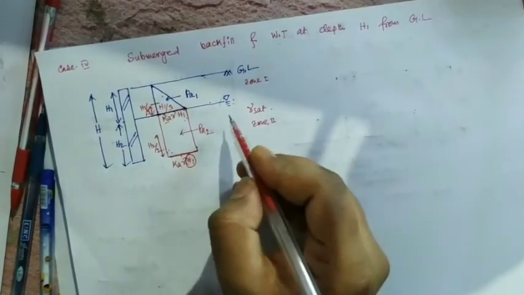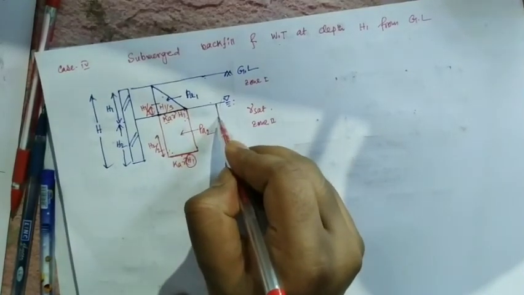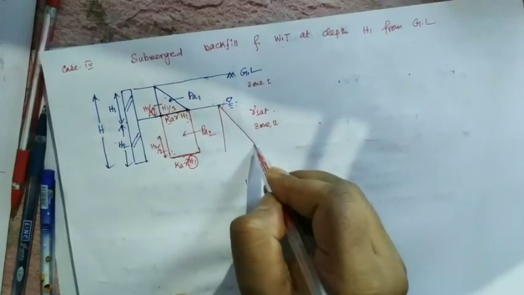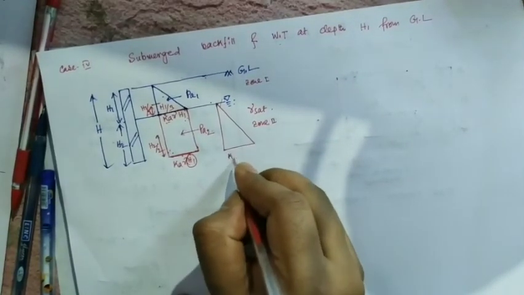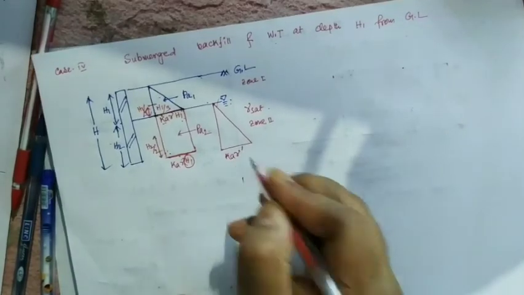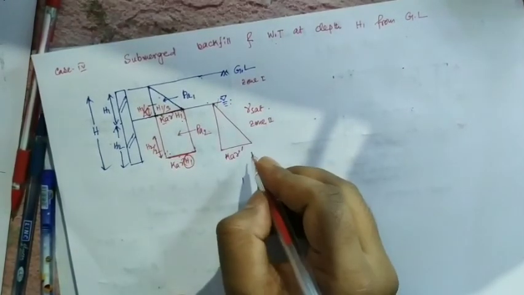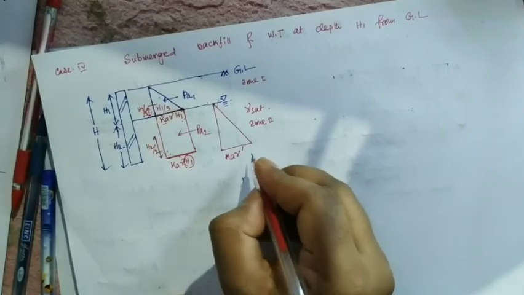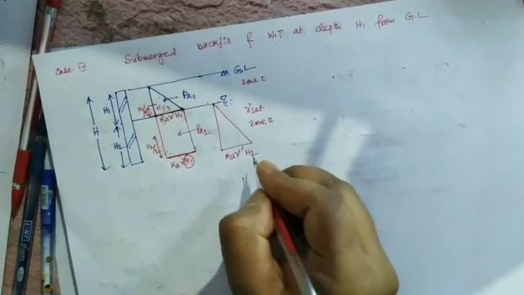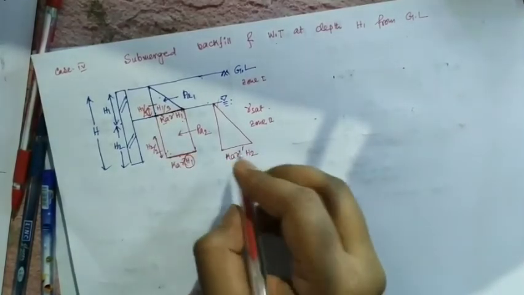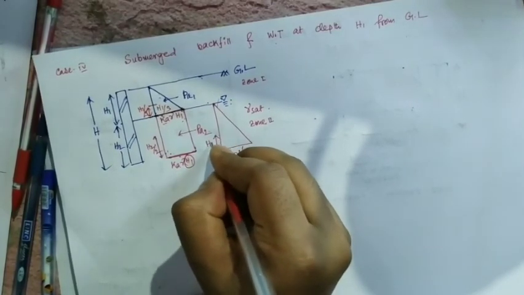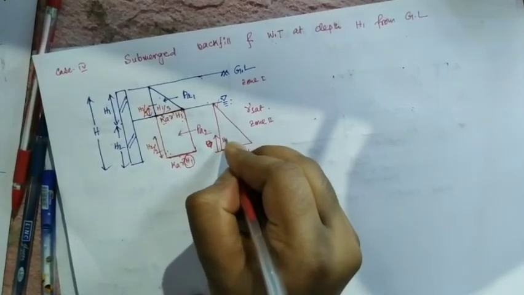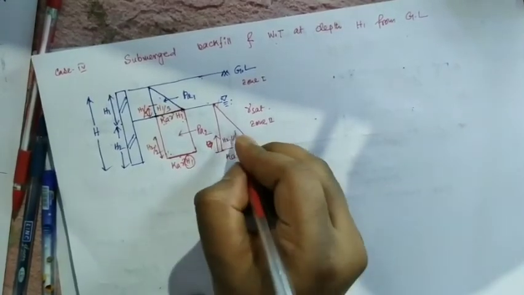Another pressure diagram will be for saturated soil. It will look like this. It will be Ka gamma submerged into h2, because it is a submerged condition and the height is h2, and it will act at h2 by 3 distance from the bottom.